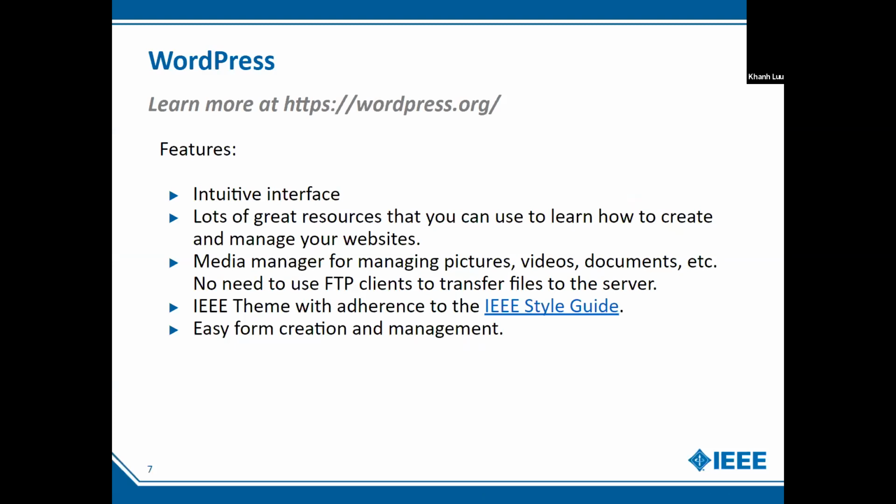The reason why we selected WordPress to host all of our OU websites is because it offers an intuitive interface. Between WordPress and say Joomla, for example, you can learn WordPress in like an hour, whereas in Joomla, you need a lot more time to learn how to use Joomla because it's so complex. And the layout is not very intuitive, in my opinion.